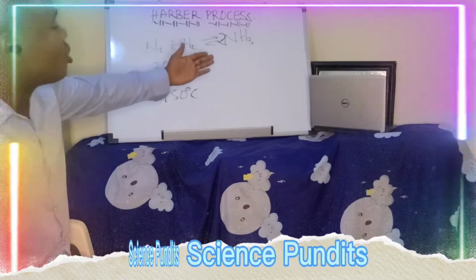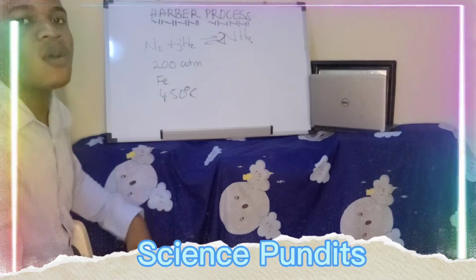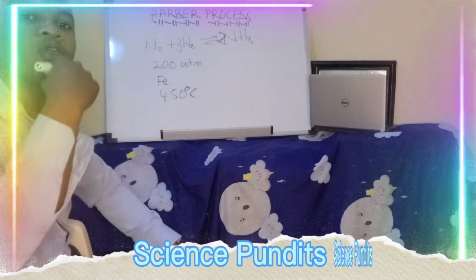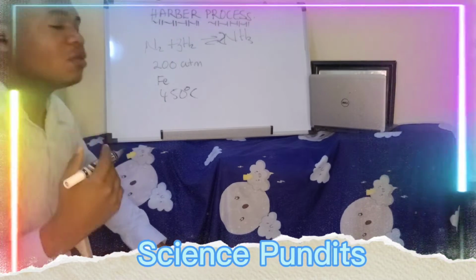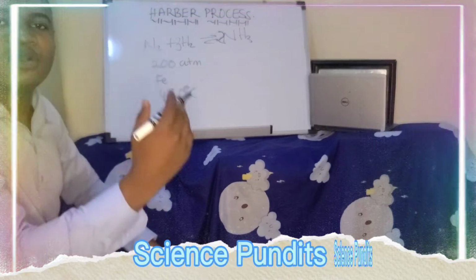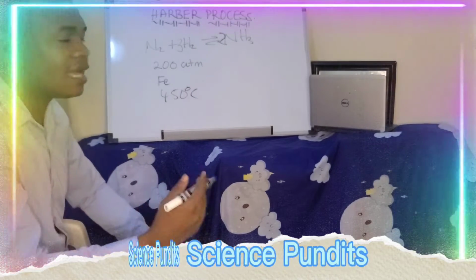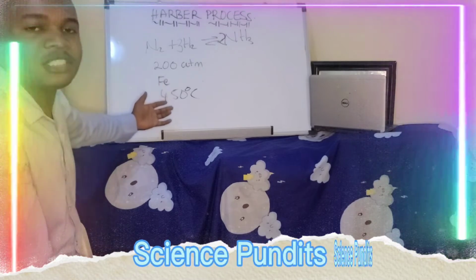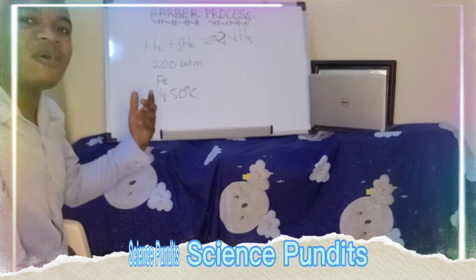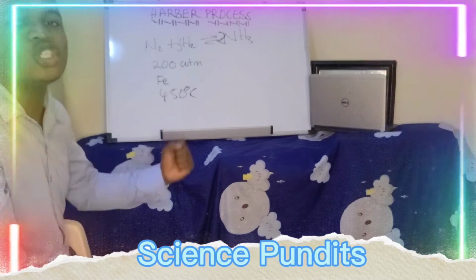Because when we are making ammonia, we are making it for use, like making fertilizers, soaps, detergents, and many other things. If we use a low temperature, the reaction will proceed very slowly.